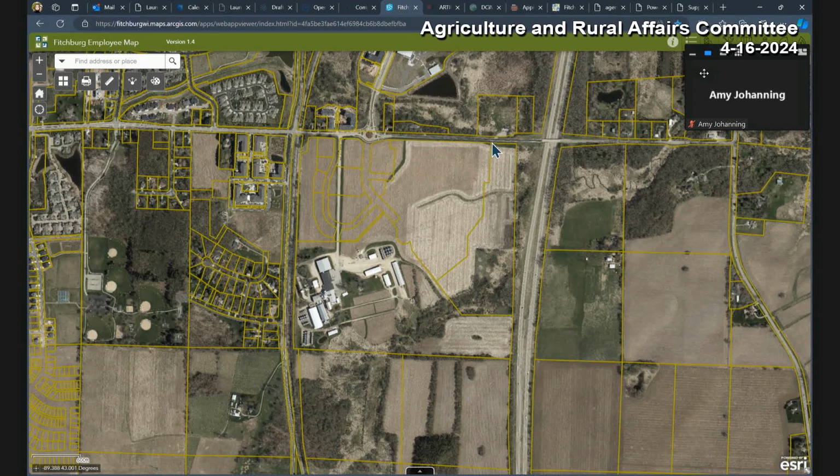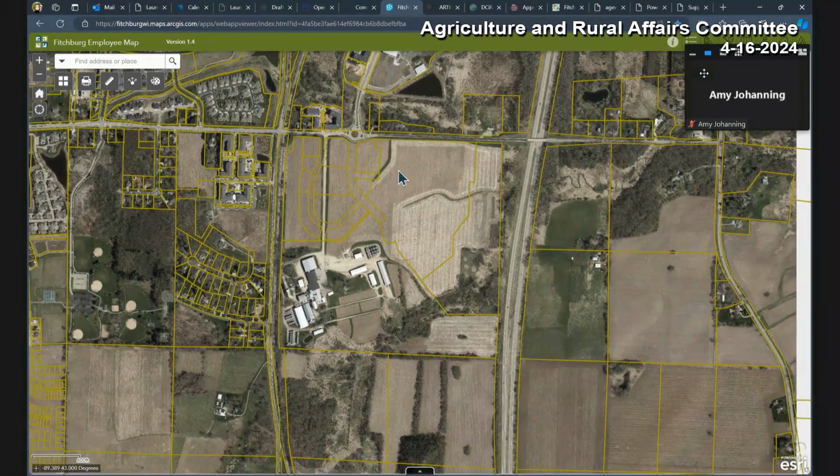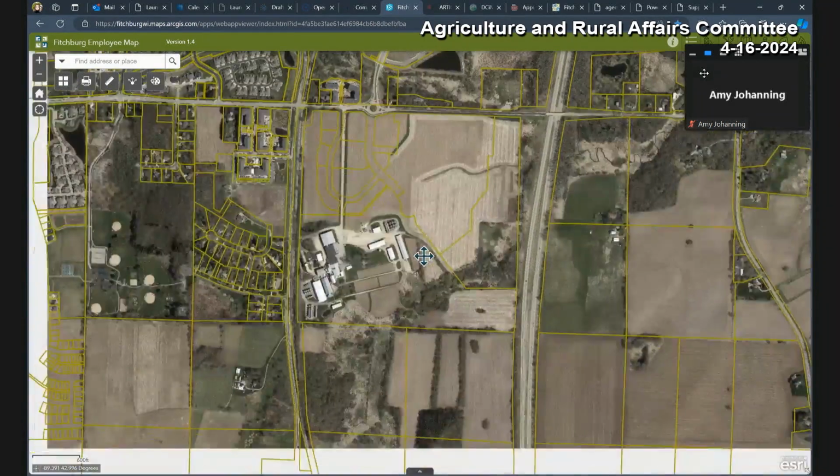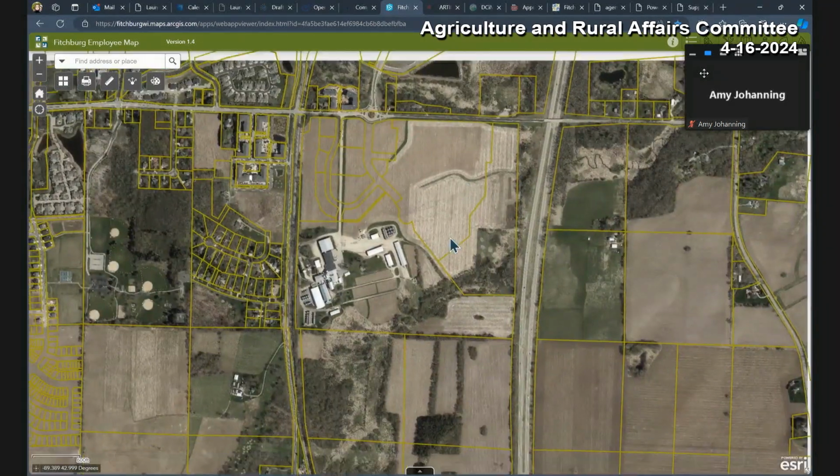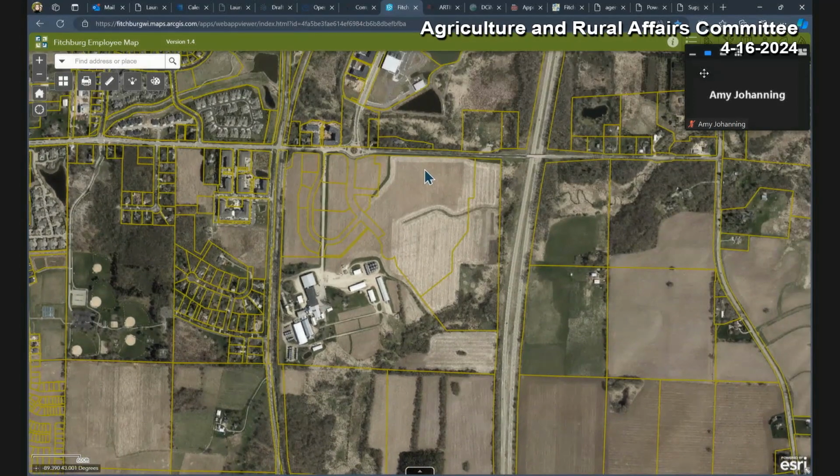Yeah. I can't remember, they have to build some infrastructure in here. I probably should not overstep my bounds, but, yeah. Because that will tie easily into the existing gravity main that's along the tracks now.